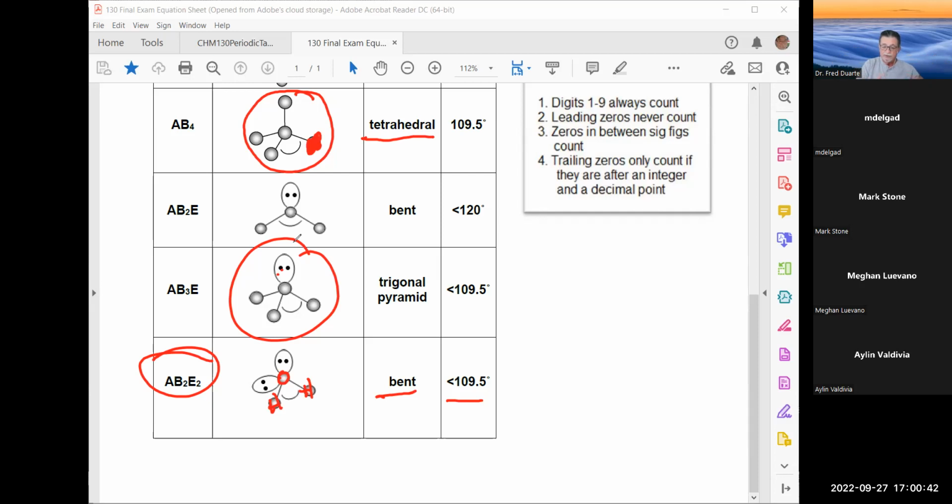And if I have 2 lone pairs, that bond angle gets shrunk even more, much less than 109, because of those lone pairs, which play a big role in the properties of the compounds. They affect all kinds of properties, which we're definitely going to learn about.